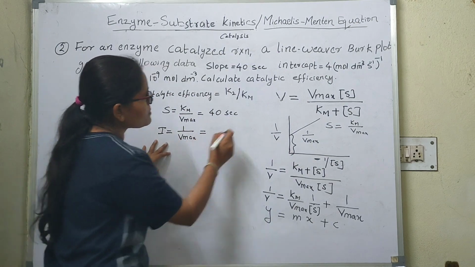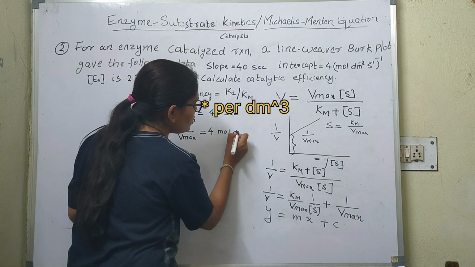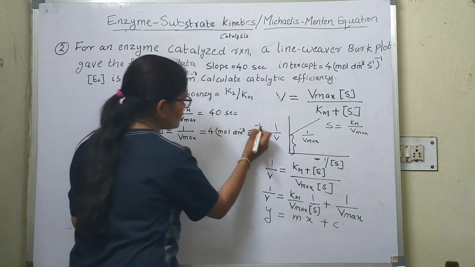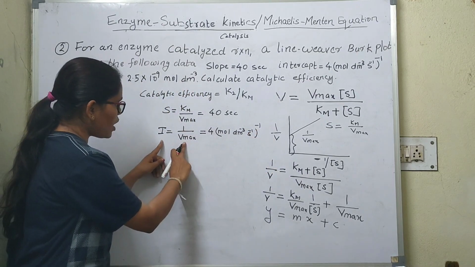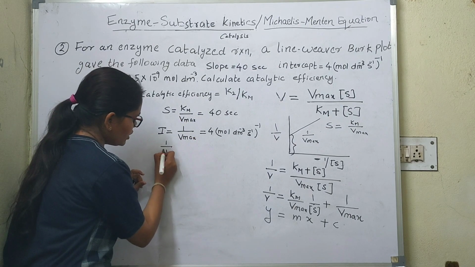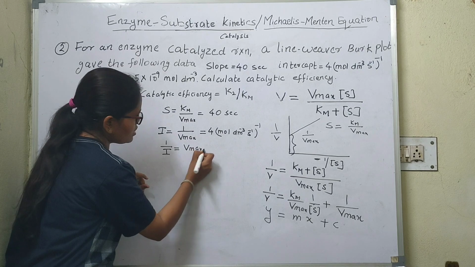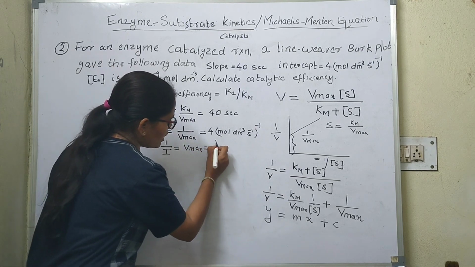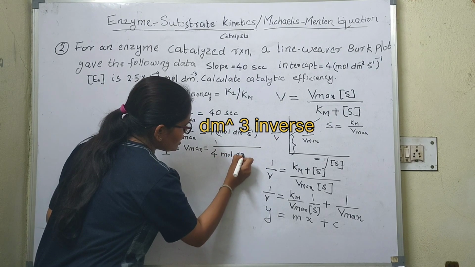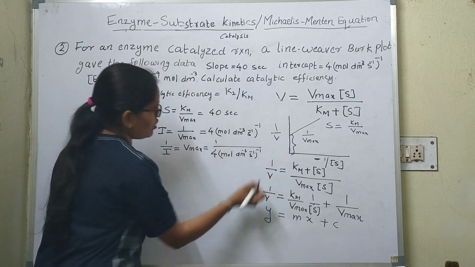So intercept is 4 mole per decimeter cube second inverse, whole inverse. So how do I get Vmax? I get Vmax by doing 1 by intercept. So Vmax will be equal to 1 by 4 mole decimeter inverse second inverse, whole inverse.